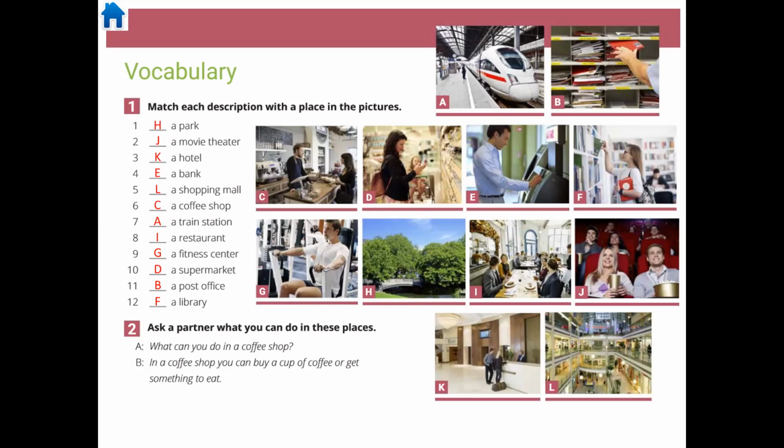When we answer this question, we need what we call present simple verbs. Now, you know the word verb. The present simple verbs are the basic verbs, and in the answer, they are buy and, that's right, get.